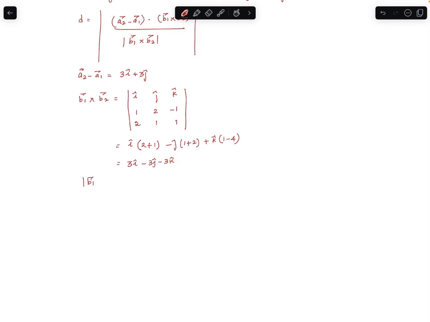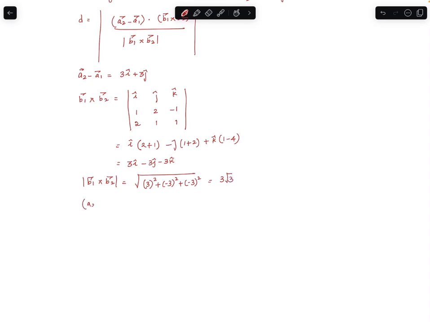Magnitude of b1 cross b2 is equal to square root of 3 square plus minus 3 square plus minus 3 square, which is 3 root 3.